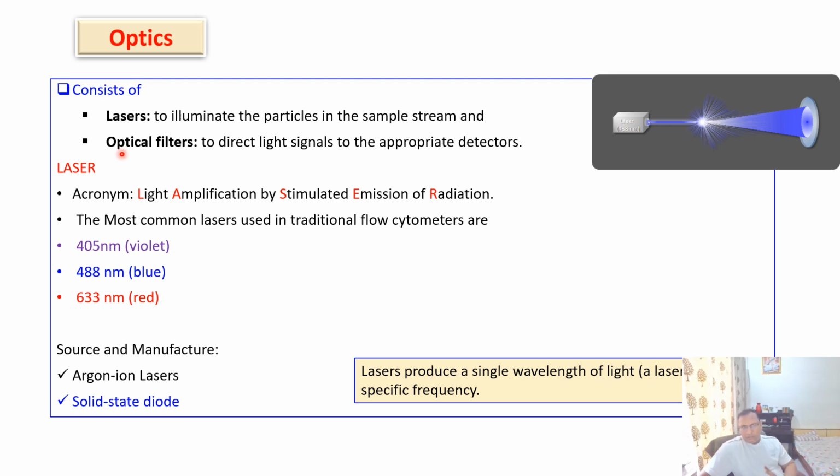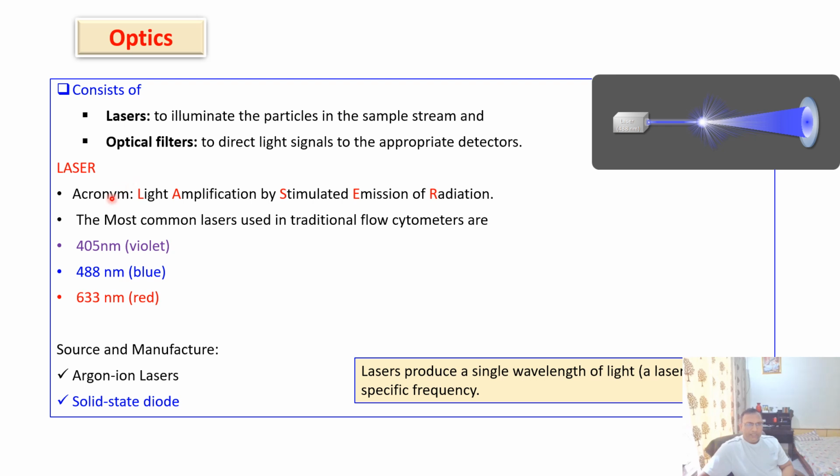So there are three things we will try to make you understand: what is the laser, what is the use of the mirror, what is the use of the filters. It is very essential to understand this, to know the basics of the flow cytometer, and it will help you select the different filters, lasers, and mirrors for the analysis of your sample.